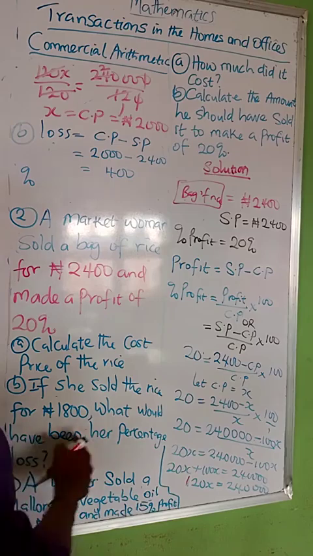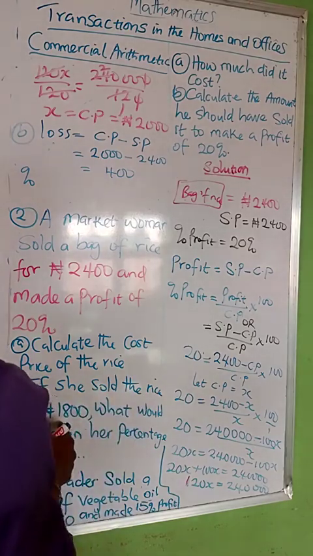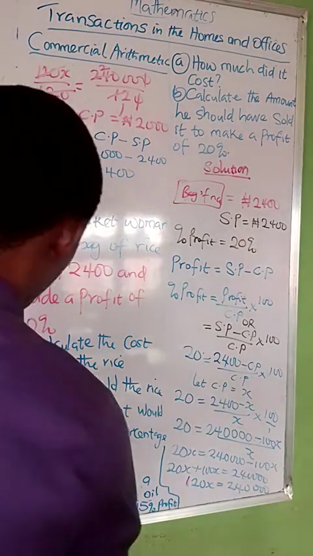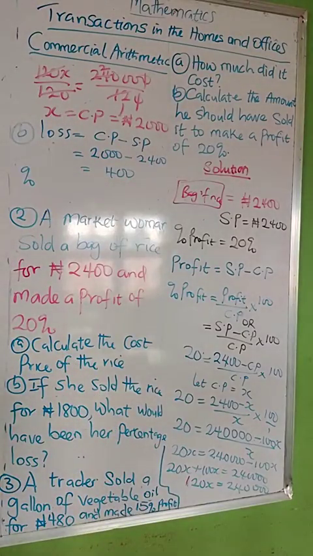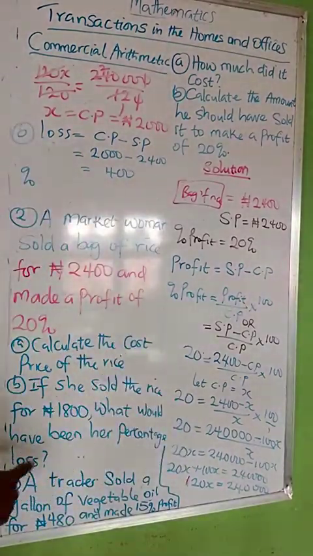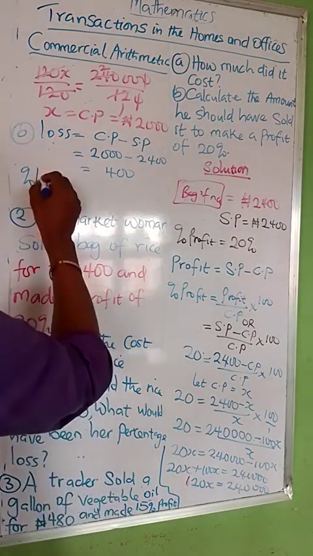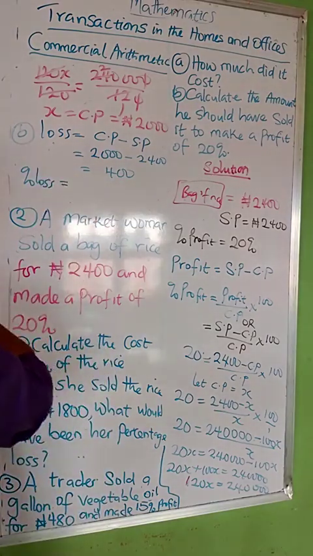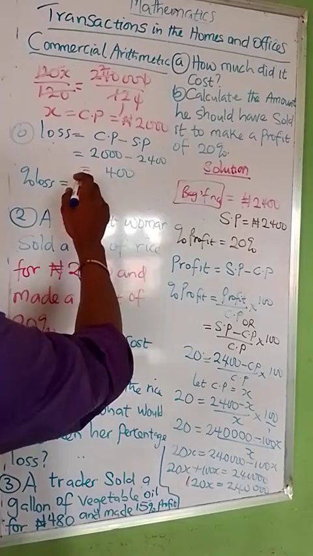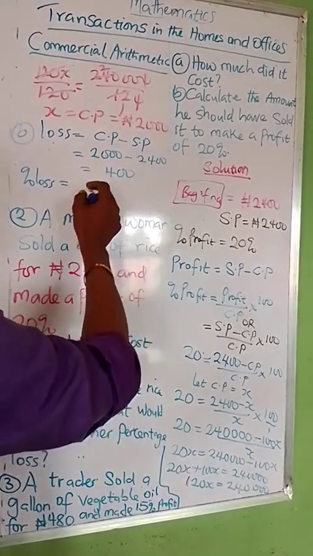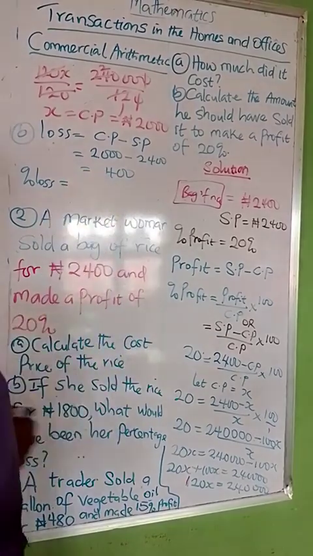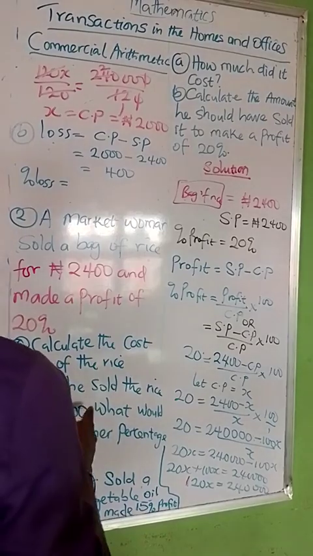So we were asked to find, if she sold the rice for 1,800, what would have been the percentage loss? So percentage loss will be the cost price minus selling price, that's 200.